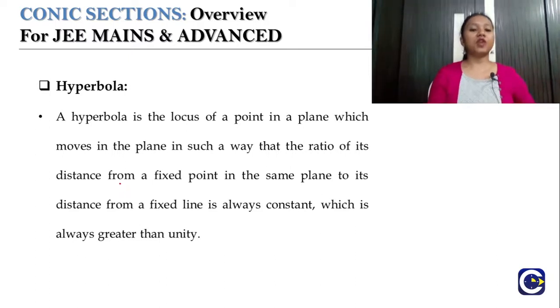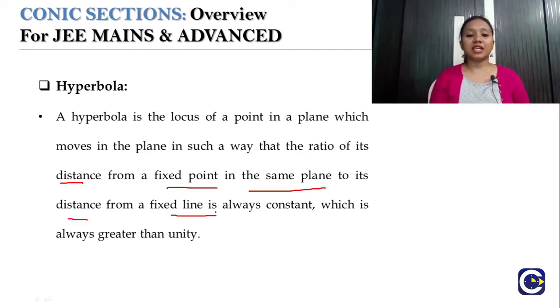So a hyperbola is nothing but the locus of a point in a plane which moves in such a way that the ratio of its distance from a fixed point in the same plane to its distance from a fixed line is always constant, which is always greater than unity.